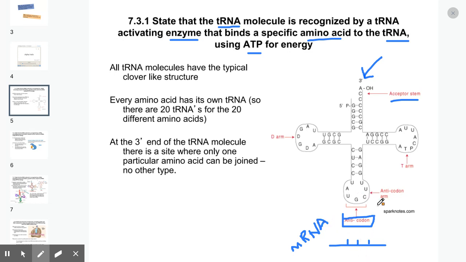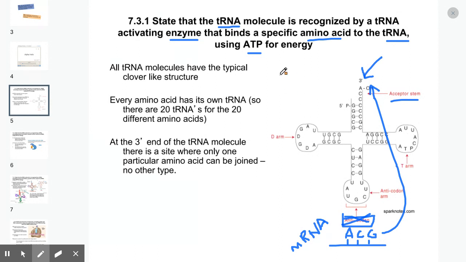And these will be complements to this. So if the anticodon is UGC, then the codon is ACG. And this is what we use, not this. This is what we use to determine what amino acid is on the top.